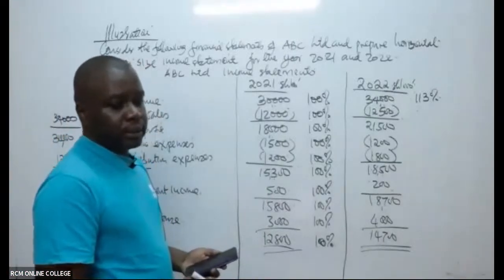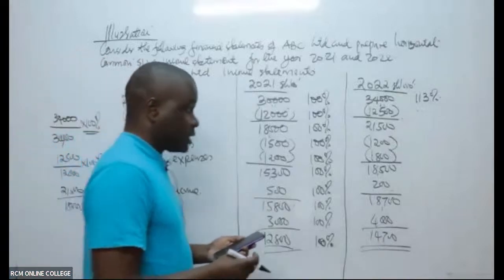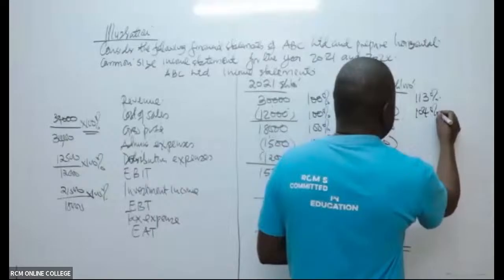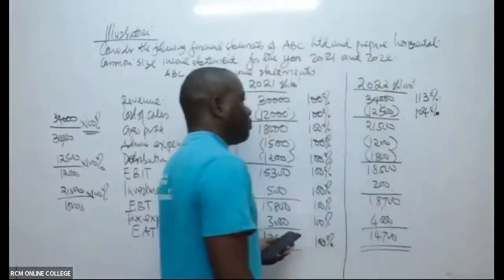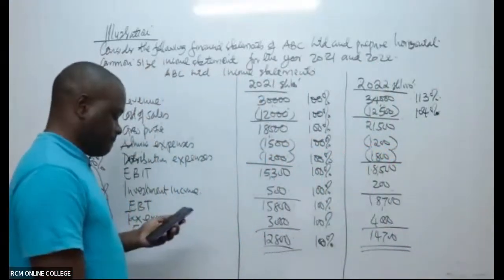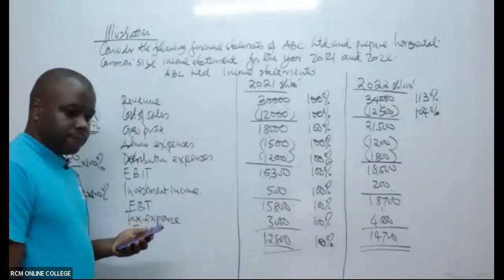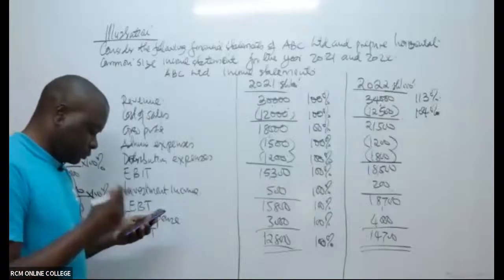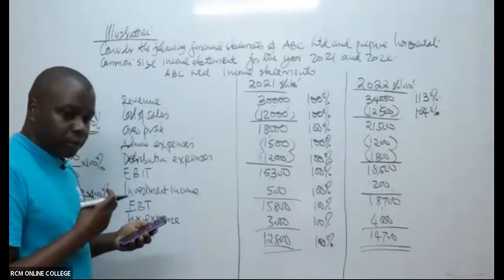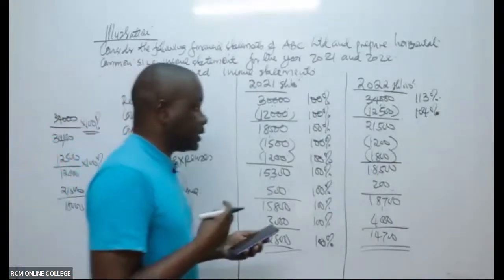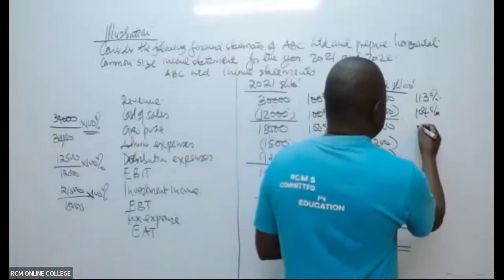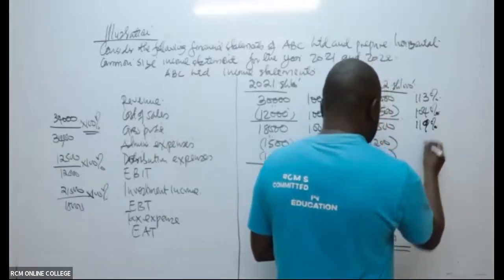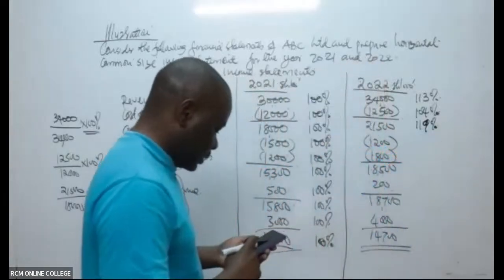I can see you're saying 104%, so let's hope it's correct. What about the gross profit? I can see you're saying 119%.